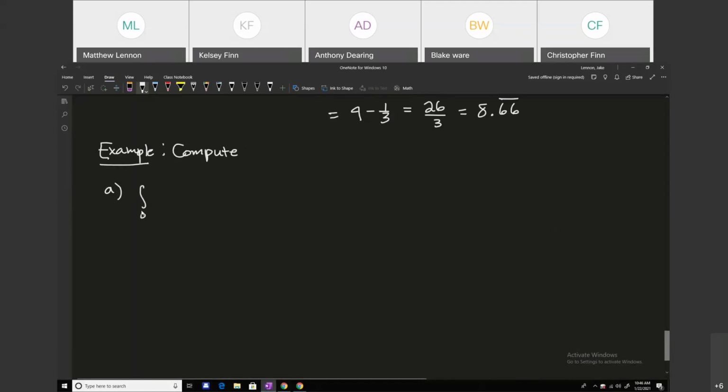So we'll go 0 to 4 of 6x minus 5 dx. On Desmos, you have to be careful too. Some syntax places will require parentheses here to highlight the argument. I usually don't. I'm a little bit lazier when it comes to parentheses there.